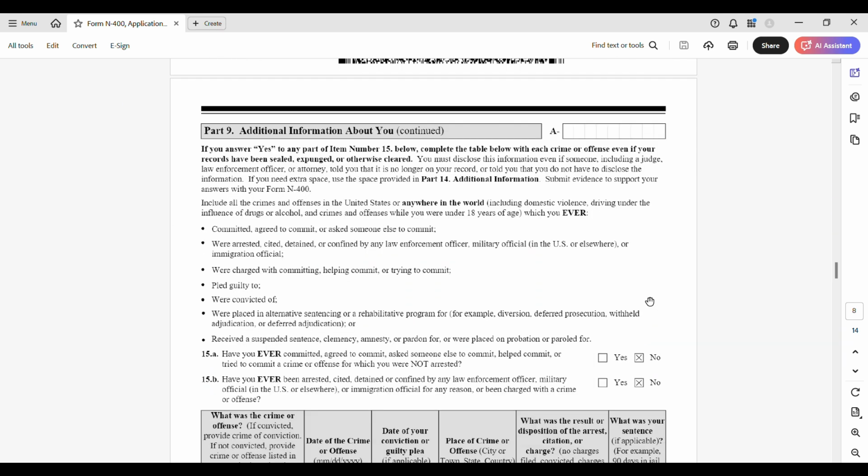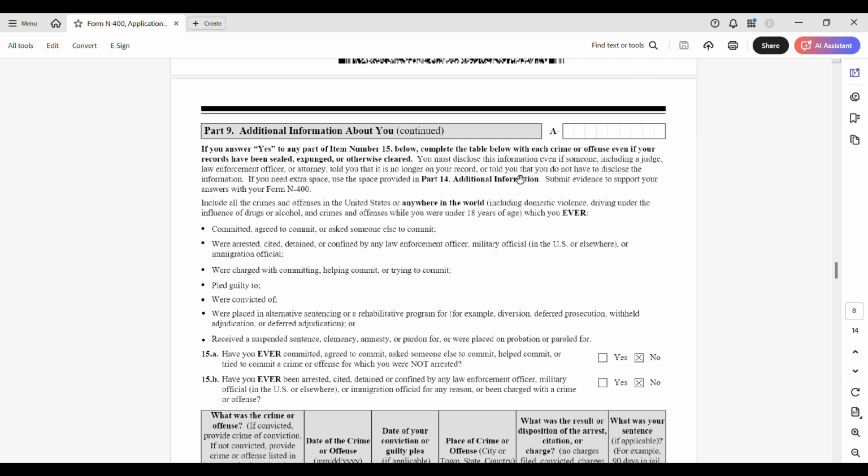We're continuing with the questions. Additional information continues, and they are asking you to state if you answer yes to any part of item number 15 below. Complete the table below with each crime or offense, even if your records have been sealed, expunged, or otherwise cleared.